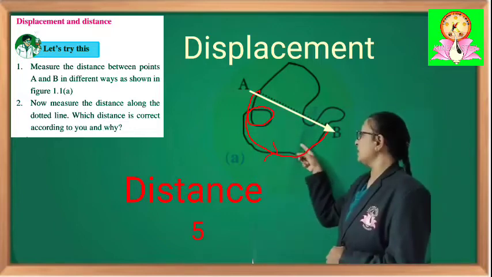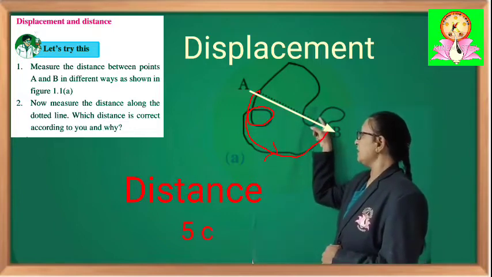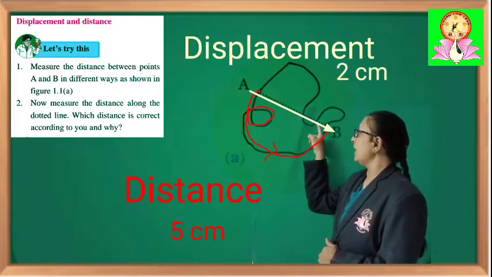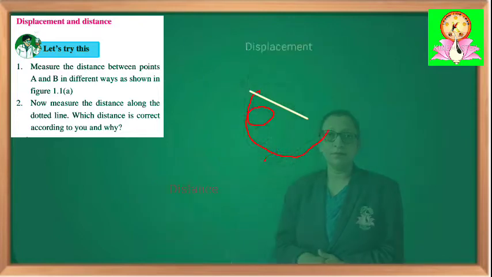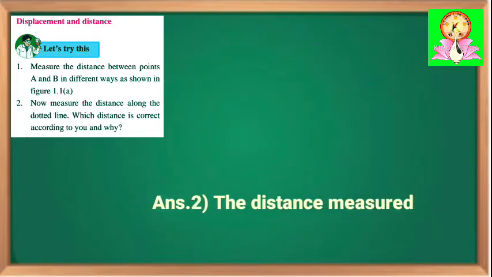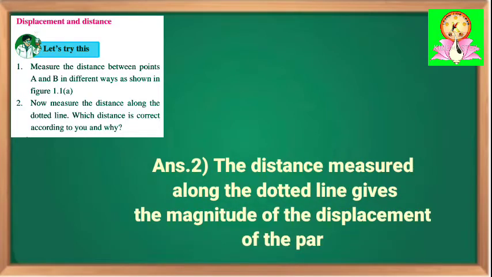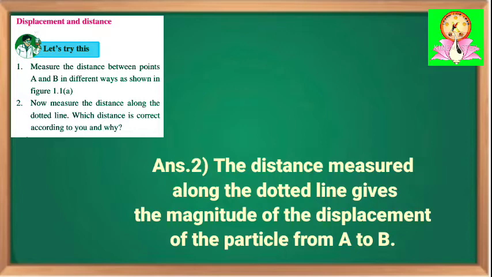The distance traveled by the object across this path is 5 cm and straight from A to B is 2 cm. From this discussion, it is clearly explained that the distance measured along the dotted line gives the magnitude of the displacement of the particle from point A, the starting point, to point B, the final point.